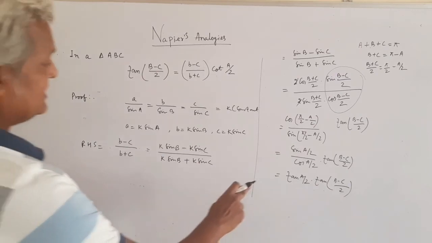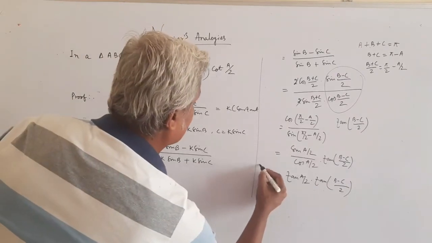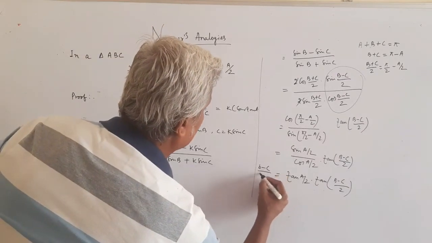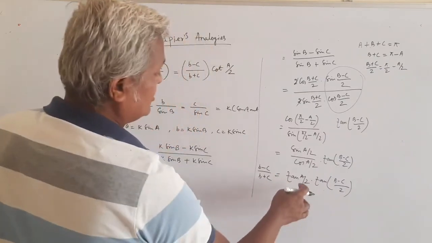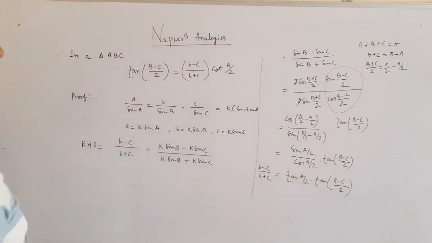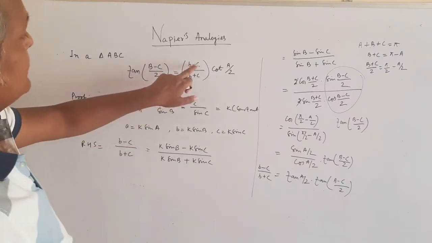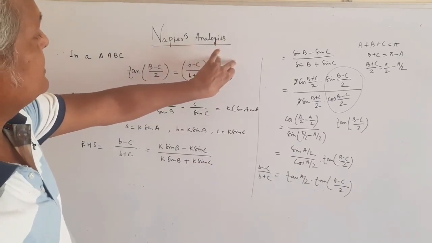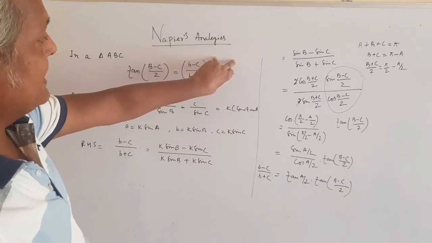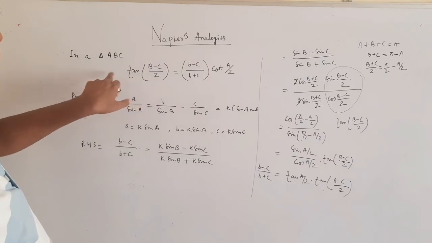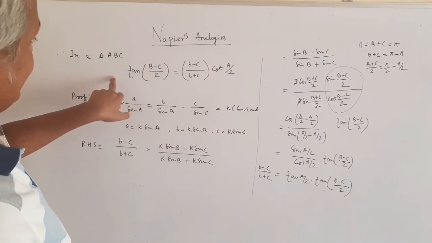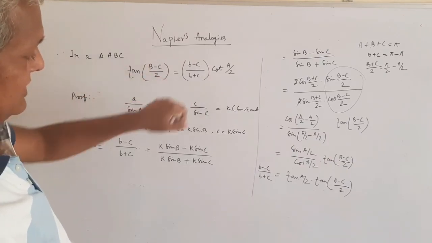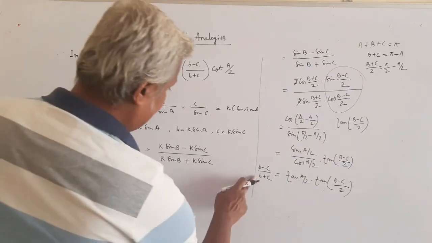Now what are these values? These values we have just calculated: this is (b minus c) upon (b plus c). So if you bring this tan to this side, it will go down and become cot. Taking cot as the reciprocal of tan, this one comes down and we get the final result.